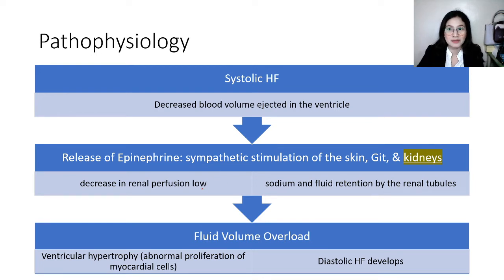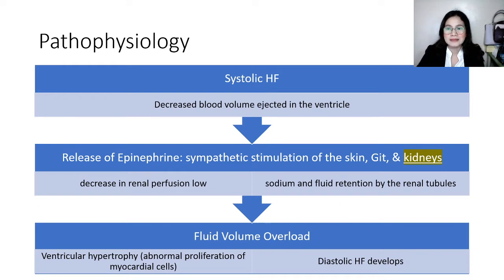The sympathetic nervous system is then stimulated to release epinephrine, and the purpose is to increase the heart rate and contractility and support the failing myocardium. But the continued response has multiple effects.